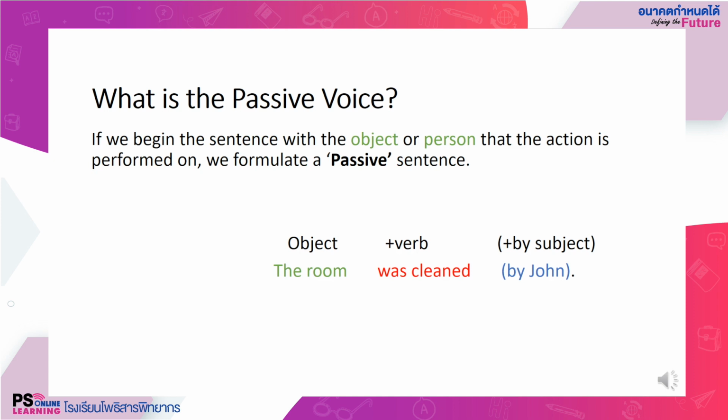This is a passive voice sentence because here the room is not the thing or person that did the action, but actually something happened to the room. So John cleaned the room. We can say the room was cleaned by John.